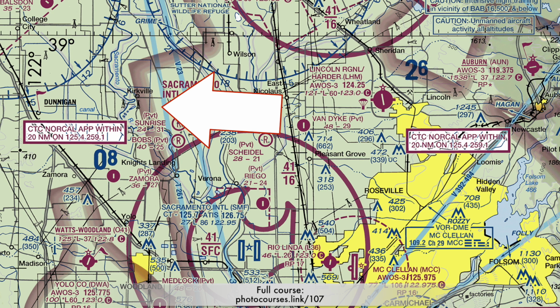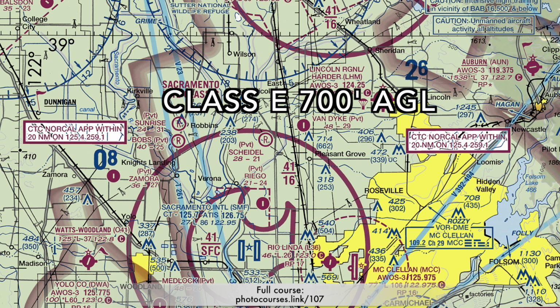It blends in. The area where it blends into the chart is the side of that line where the Class E airspace starts at 700 feet AGL. Outside of that, you're going to have Class G uncontrolled airspace at 700 feet.